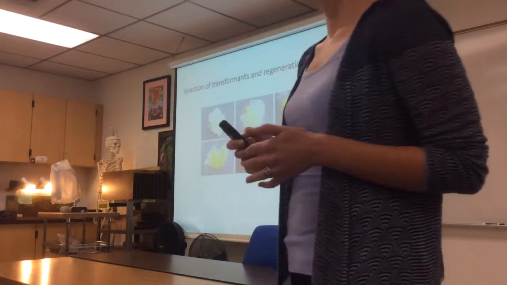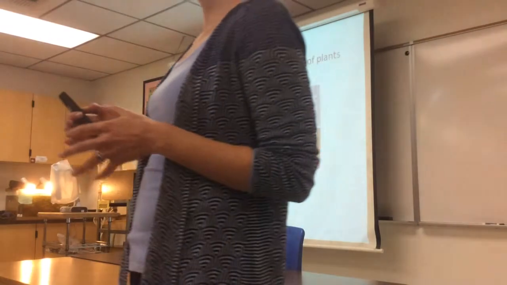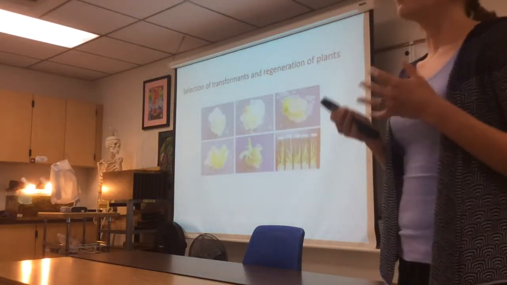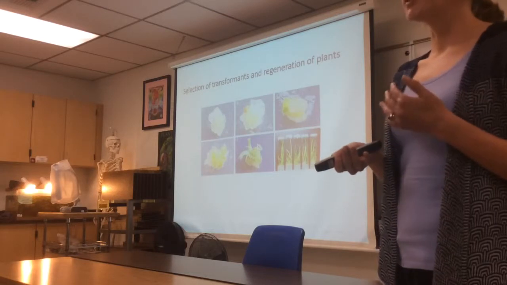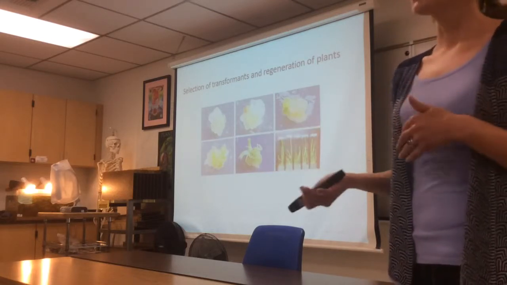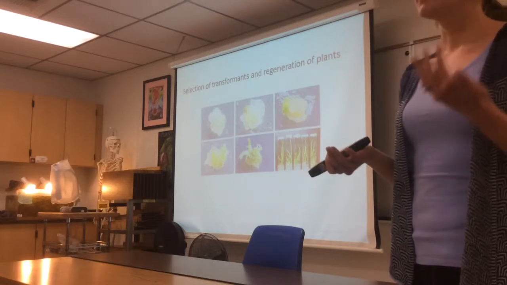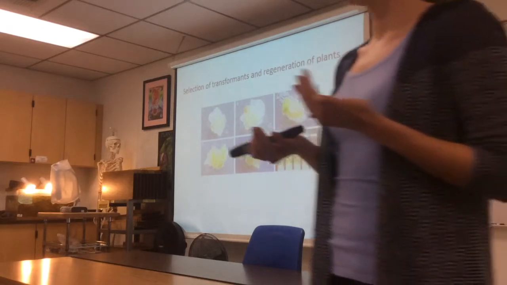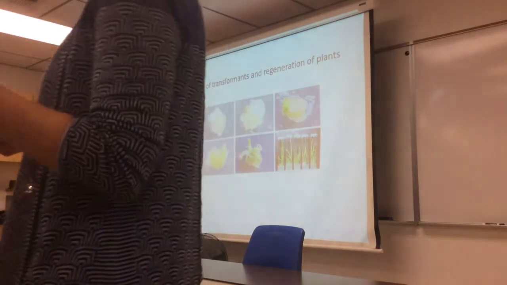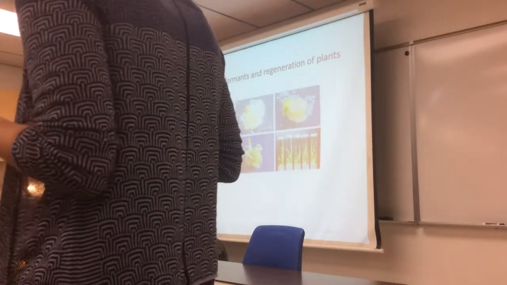And then, of course, we know that only certain cells actually go through meiosis to make gametes, and only the gametes go on to make the next generation. So transforming leaf tissue doesn't really do much good as far as developing a new trait in a crop to be passed along to the next generation.